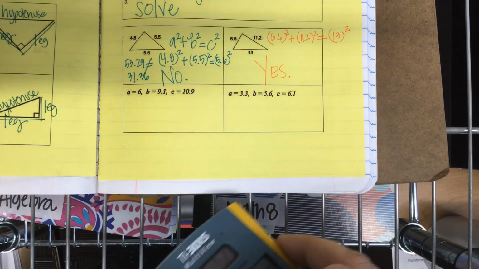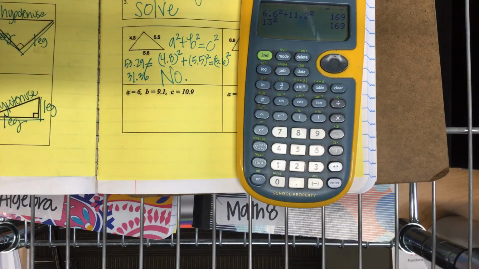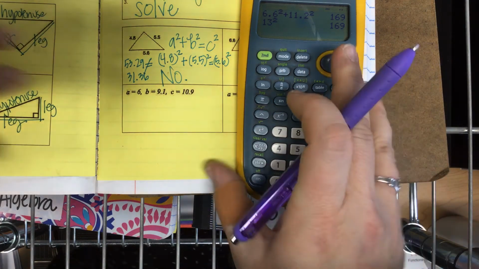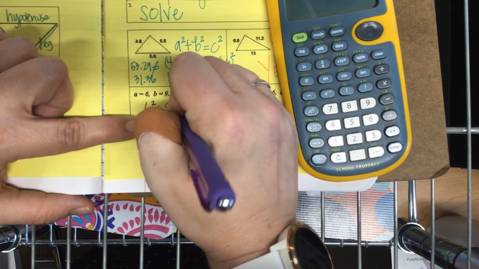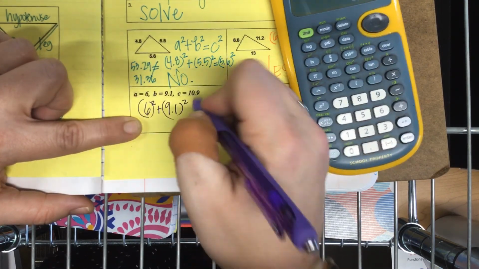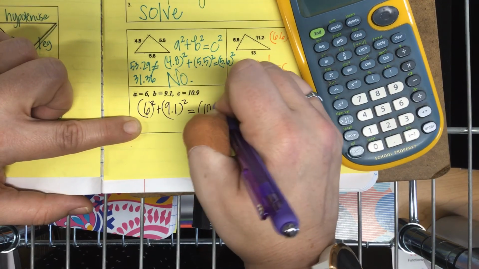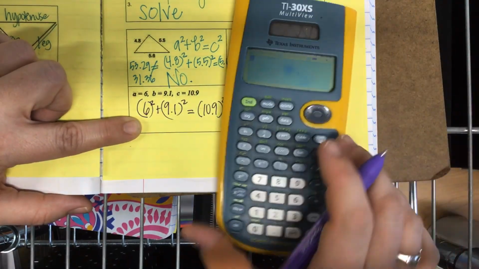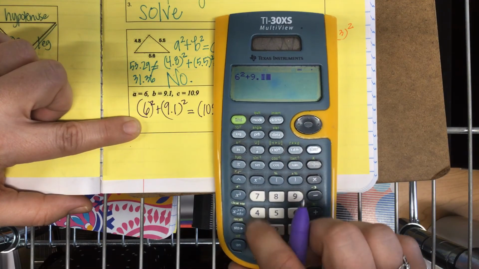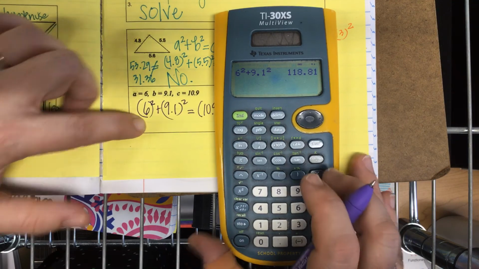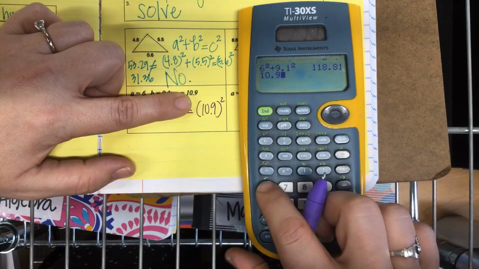Oh, these ones are easy because they already tell you A, B, and C, right? Try it. You test it. I'm going to write the work, but the goal is to get to the point that you just apply it. Does 6 squared plus 9.1 squared have the same answer as 10.9 squared? So let's check. 6 squared plus 9.1 squared. 10.9 squared.